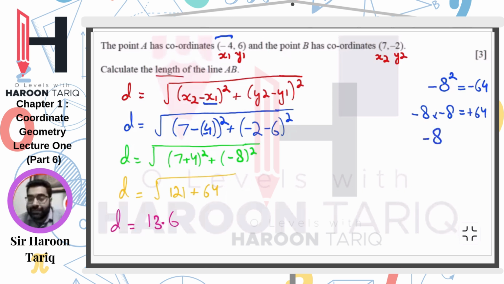So minus 8, bracket open and close. Then when you close the bracket, then you square it. This will give you plus 64. So always remember, when you have even powers always give you an answer in positive. Even if the value is negative, like this is minus 8. As long as you have even powers, the answer would be in positive.